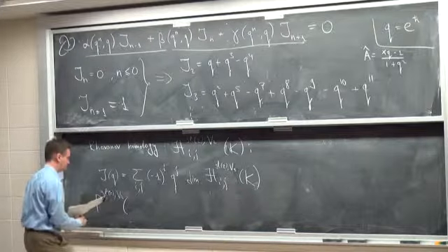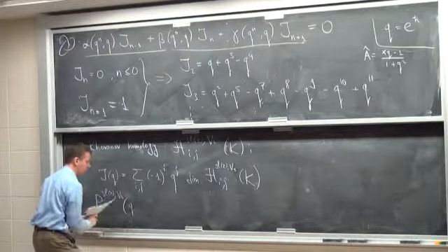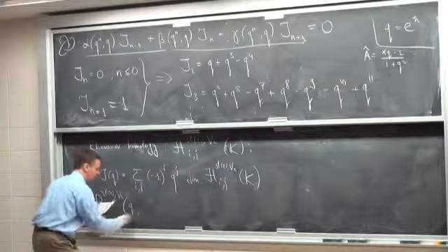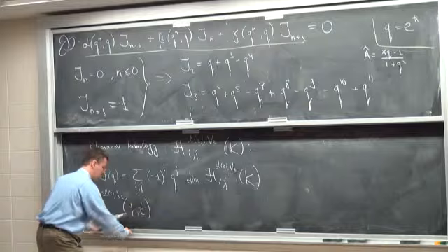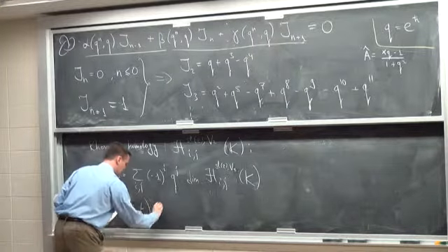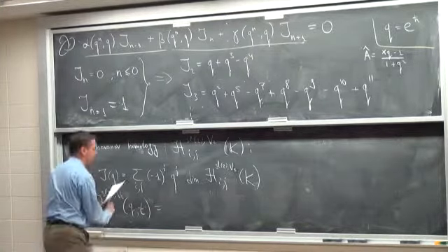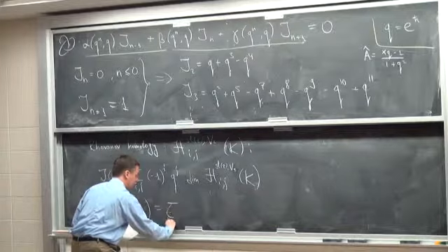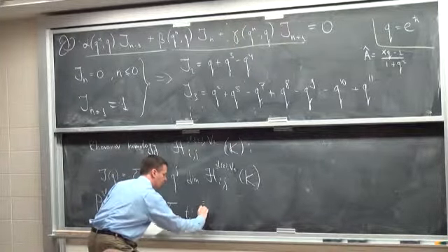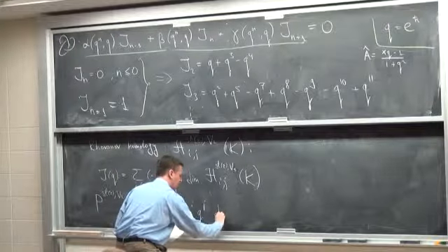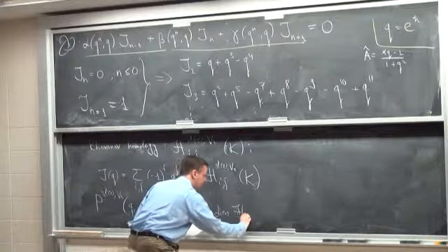So it will depend on Q, and also I'll introduce another variable T. So it's basically the same sum over I and j, T to the I, Q to the j, and then the dimension of Hij.